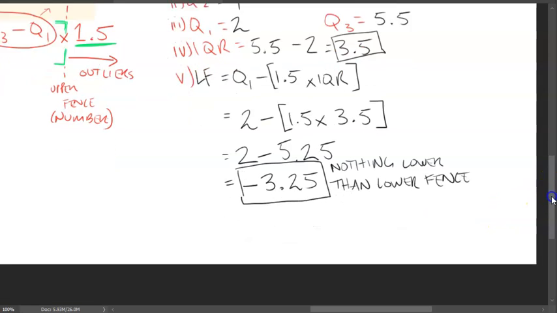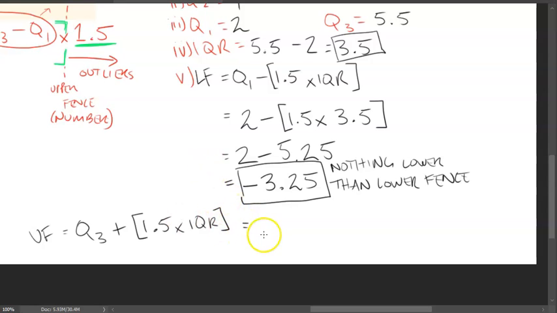Alright. Let's find the upper fence and let's prove that this 18 is an outlier. So again, we're going to do the upper fence formula. Just remember that it is a plus because we're adding to the Q3. So we're going to the right hand side.